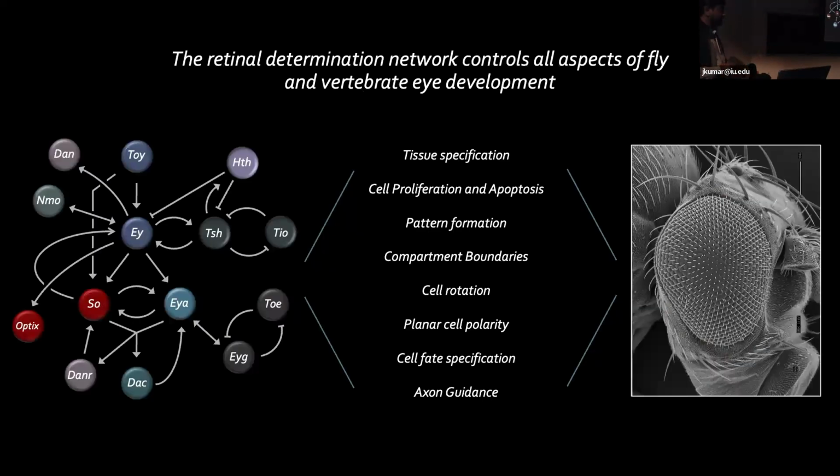So this entire network has been shown to directly regulate genes that command every step of organ formation, whether it's initial tissue specification, proliferation and growth, pattern formation, compartment boundaries, all the way down to axon guidance. These things direct every step directly, and it's not just a general mechanism.